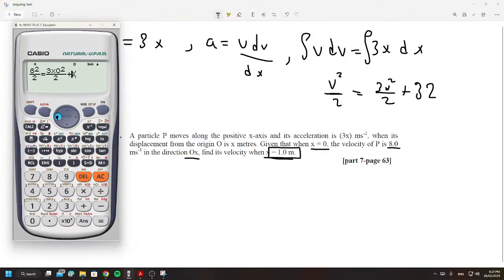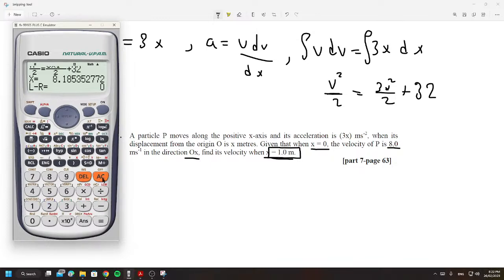So v squared over 2 is equal to 32 plus 3 times 1 squared over 2.